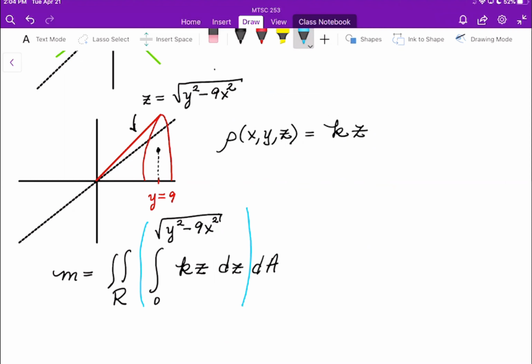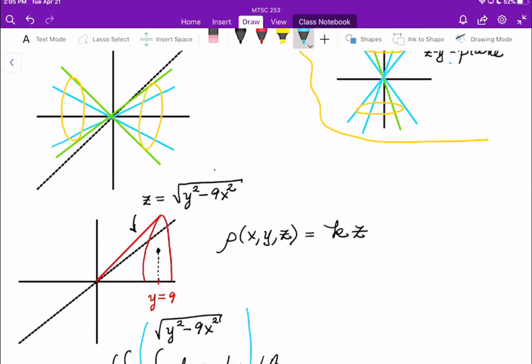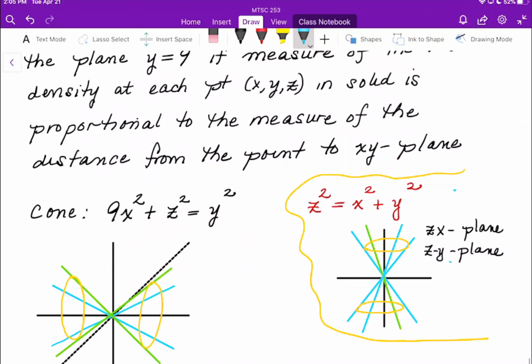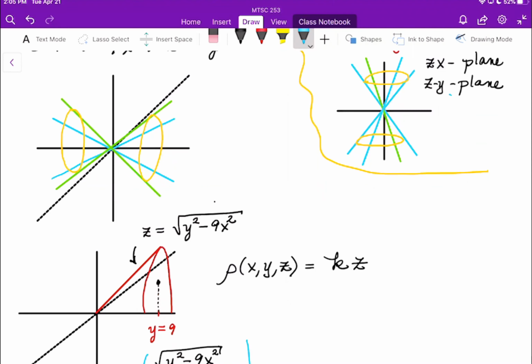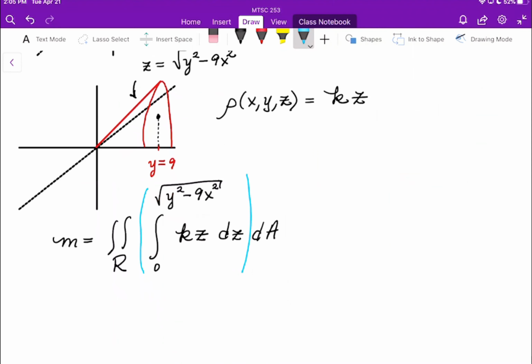So now what we need to figure out is what does this thing look like? In the xy plane, this cone comes down on the xy plane, so z is equal to 0.